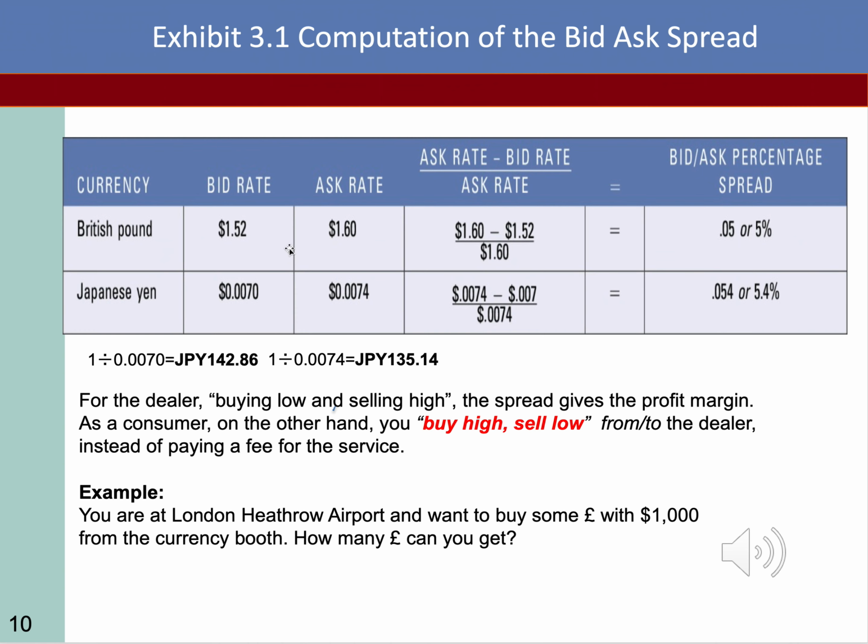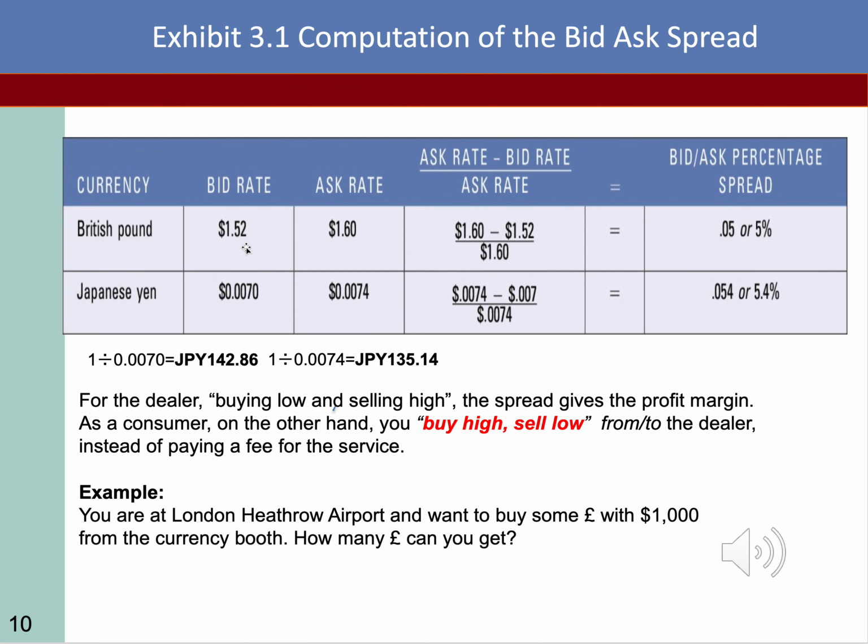So, for example, if you are a traveler and you want to buy pounds, what is the price you need to use for the calculation? Remember, as a consumer, you buy high, sell low. You buy at the asking price 1.6. When you sell, you use the bidding price 1.52. Just remember that.